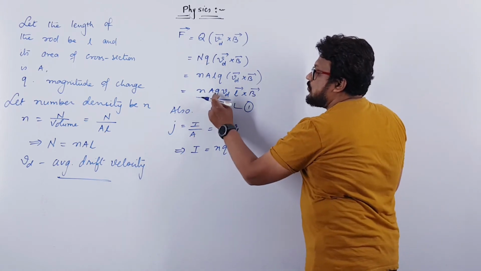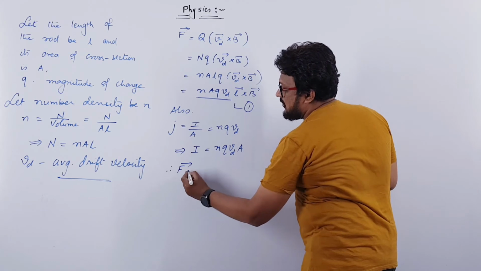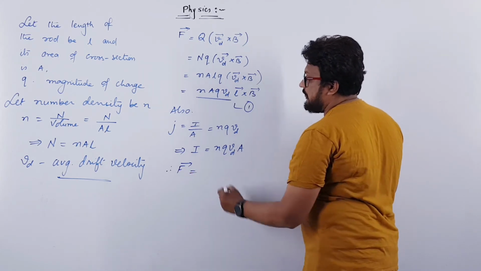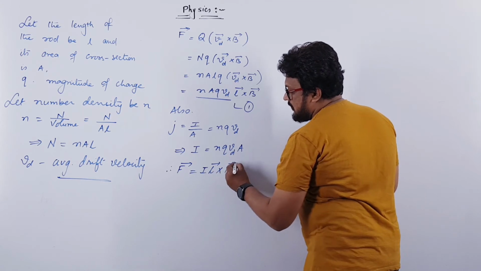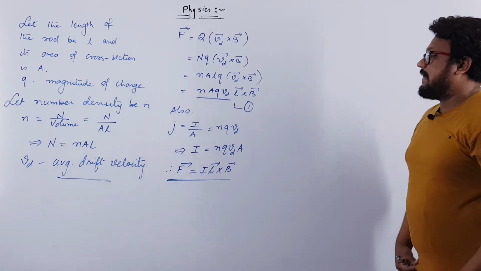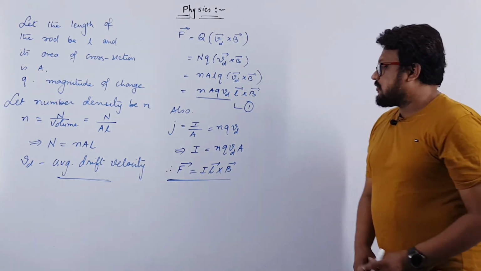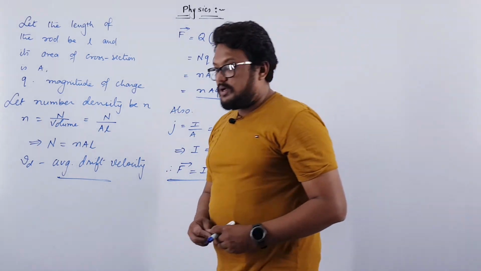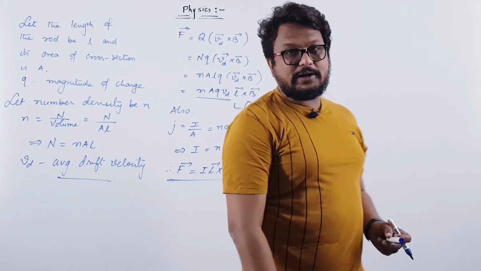So nQVdA will be I. Therefore the force acting on that current carrying wire kept in a uniform magnetic field will be IL cross B. Force F will be equal to IL cross B. Clear? Now based on this concept, we do have two solved examples and two unsolved examples based on this formula.